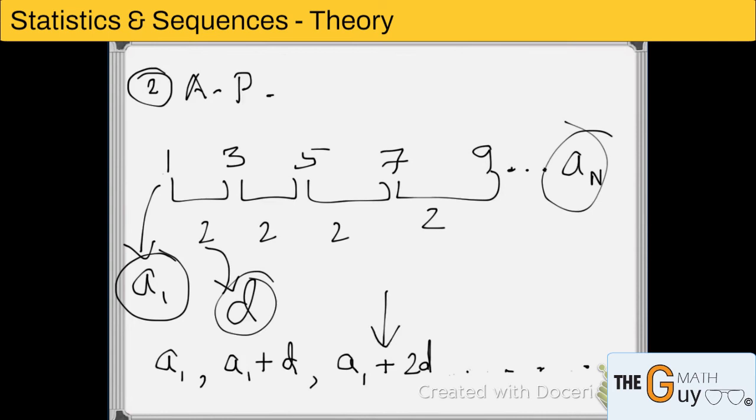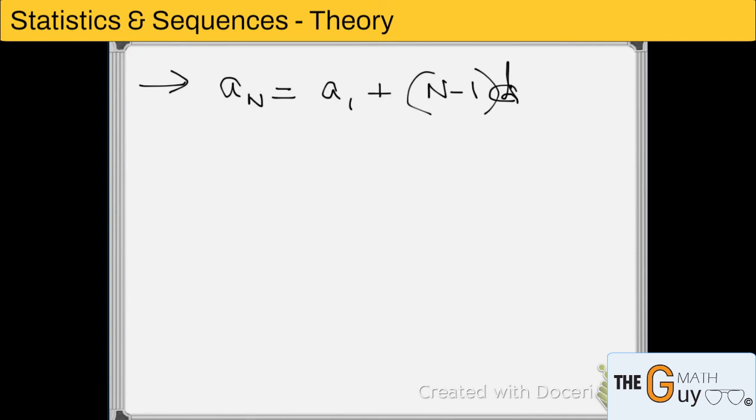The third term has 2d's. The fourth term will have 3d's. So similarly, the formula for the nth term, which is the first formula you have to remember, is a1 plus (n minus 1) times d. If you remember just this formula, arithmetic sequence is mostly done.